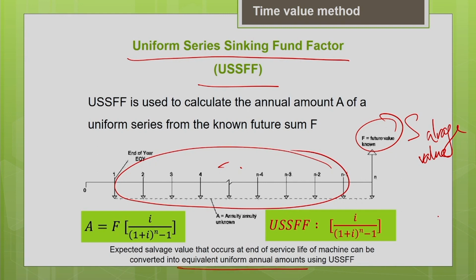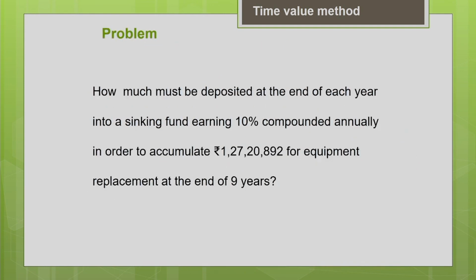We can do that using the uniform series sinking fund factor. This is one application from the equipment economics point of view. Now let us see an illustration from the equipment perspective.